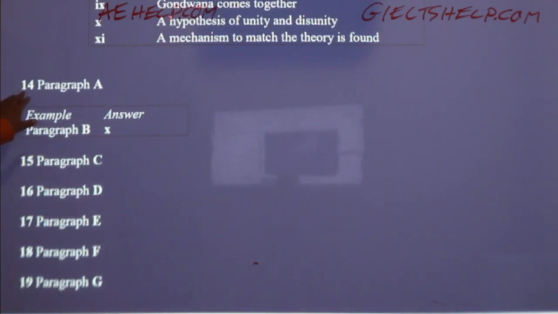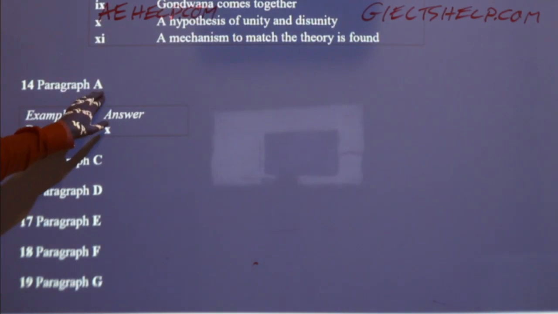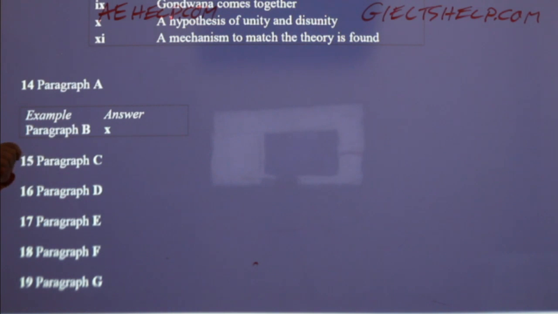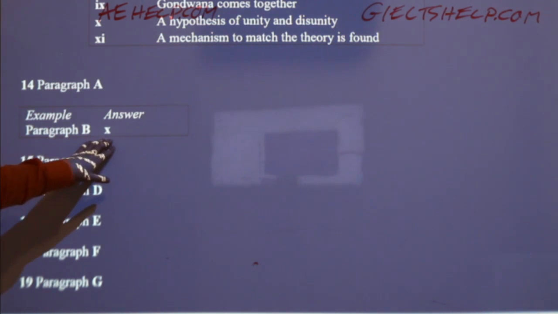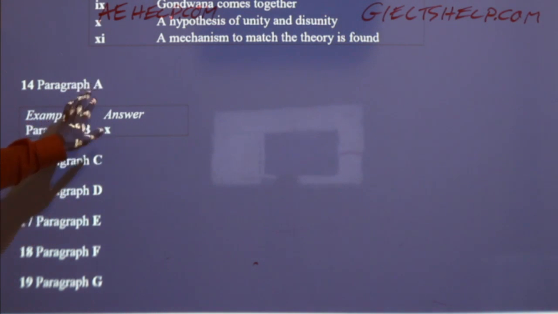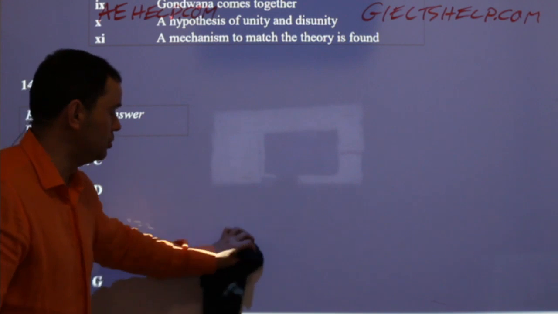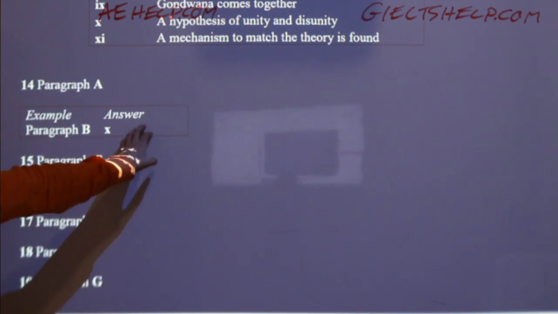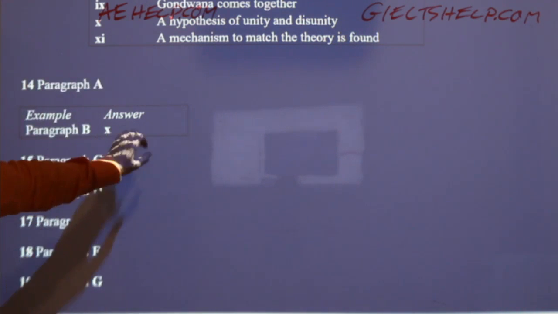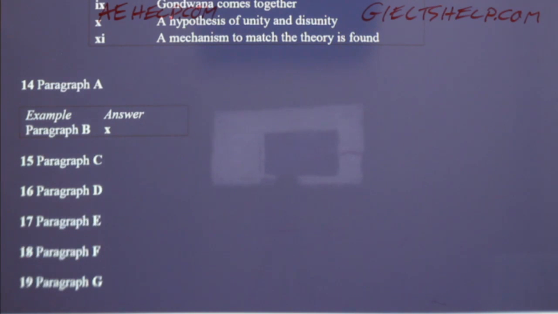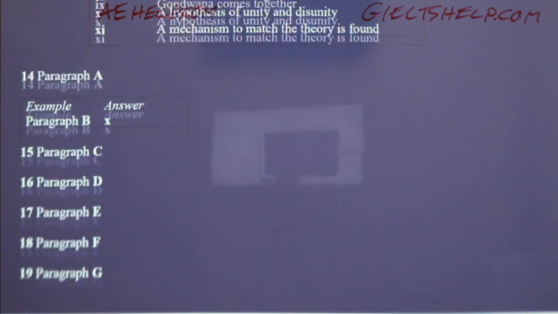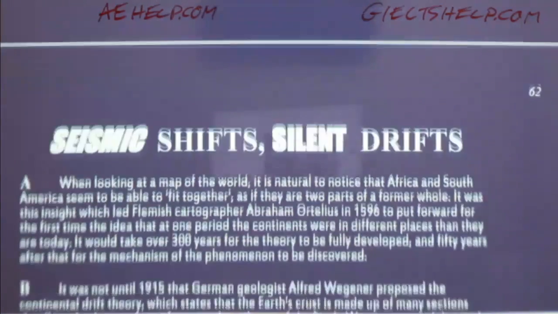Notice how paragraph A, it's the introduction. They don't give you the example. They give you the example for the first body paragraph. That's because the introduction and the conclusion are more difficult, so they want you to do those ones, okay? So that's why they give you the answer for one of the body paragraphs, usually, and not the introduction. Okay, here we go.